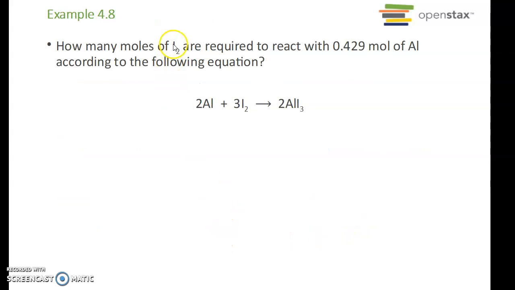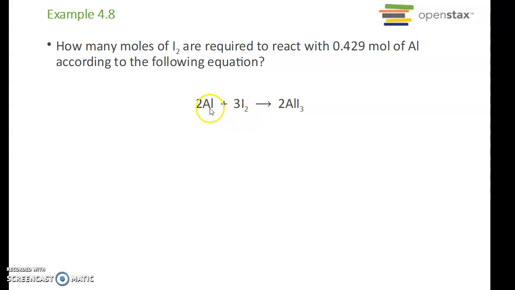How many moles of iodine, I2, are required to react with 0.429 moles of aluminum according to this reaction? So what you have here is AlI3, right?